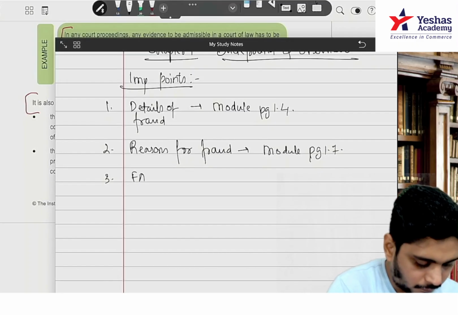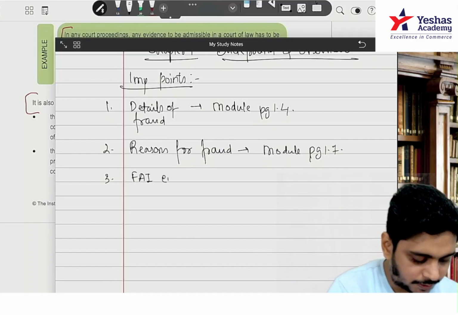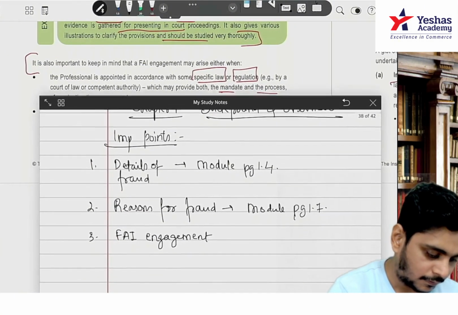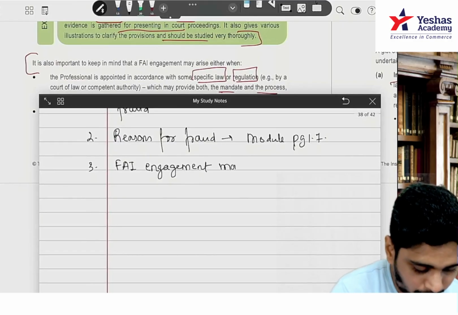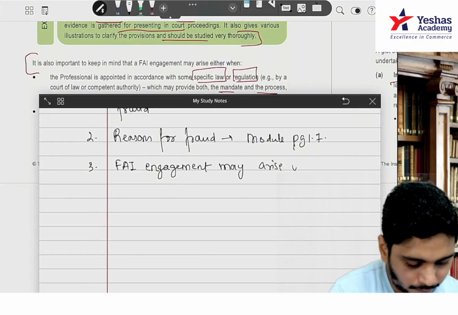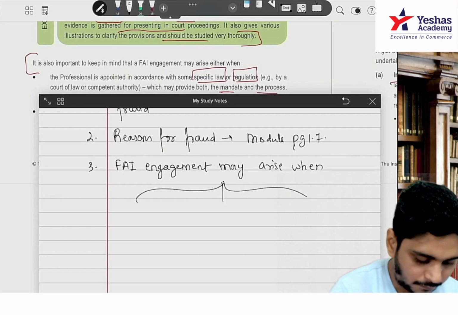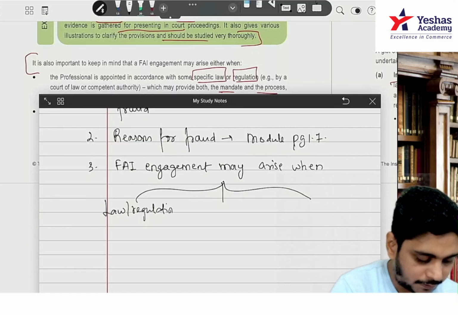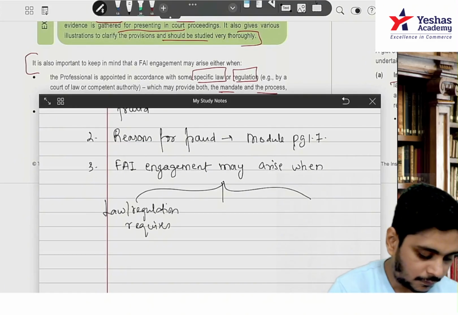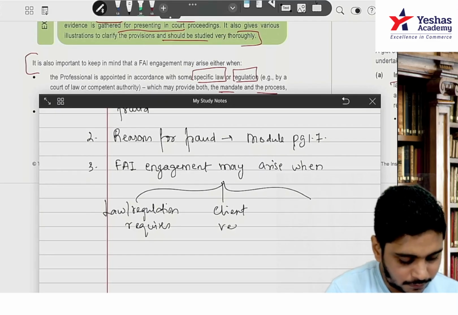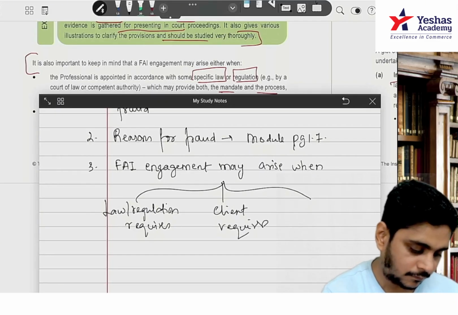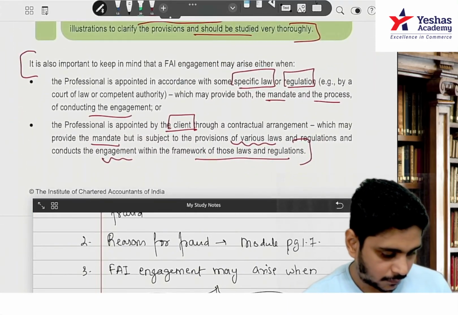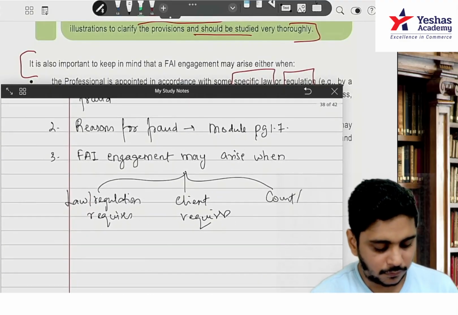Then, forensic accounting investigation engagement may arise when: three arrows, law or regulation requires, client requires, or a court or authority.